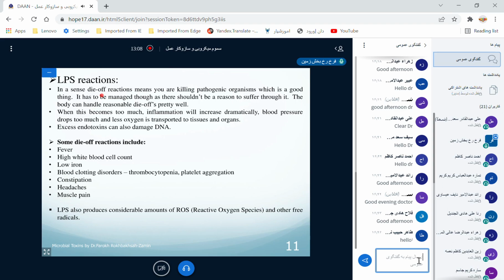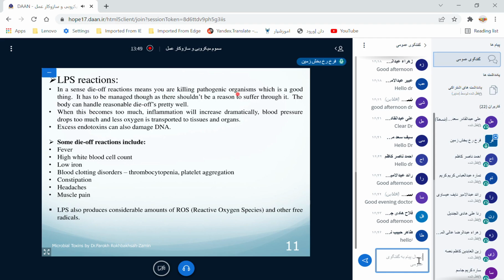But when we kill them, it is not the end of the story. When the pathogens are killed, they start to release LPS or endotoxins. In a sense, this is the die-off reaction. Die-off reaction means you are killing pathogenic organisms.